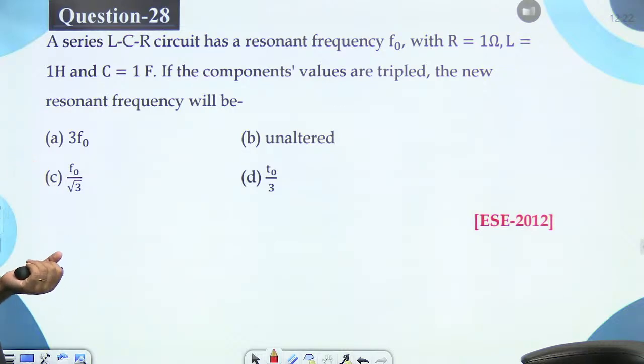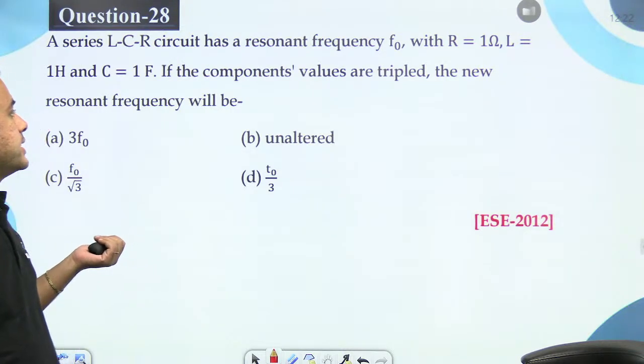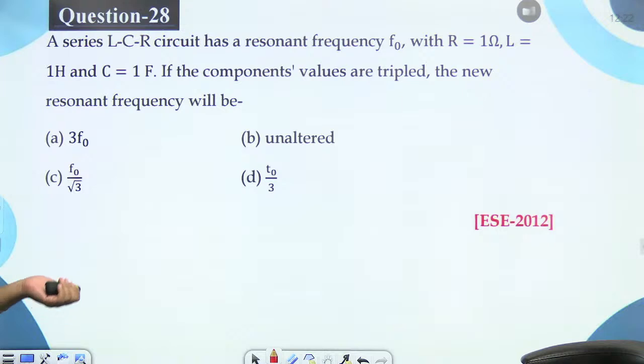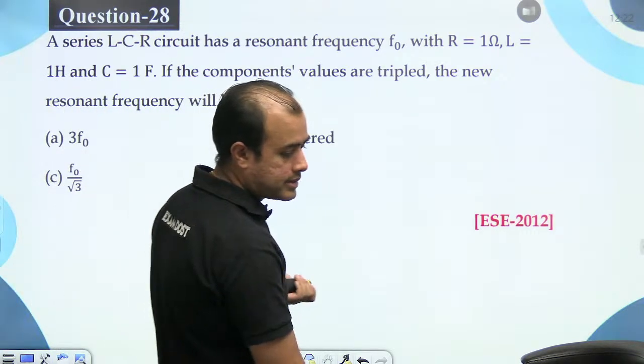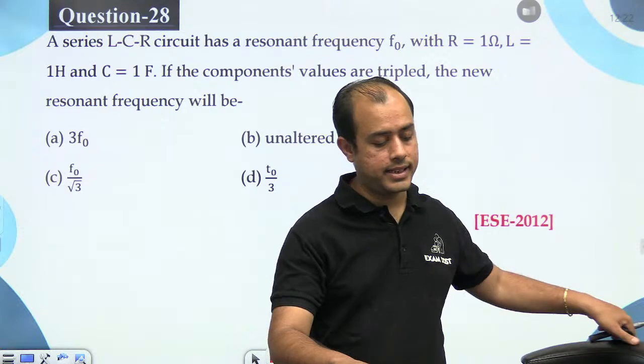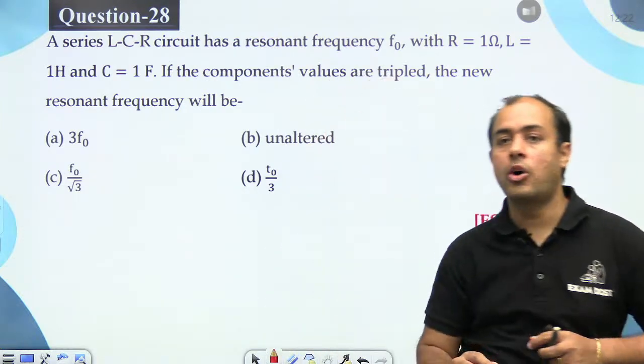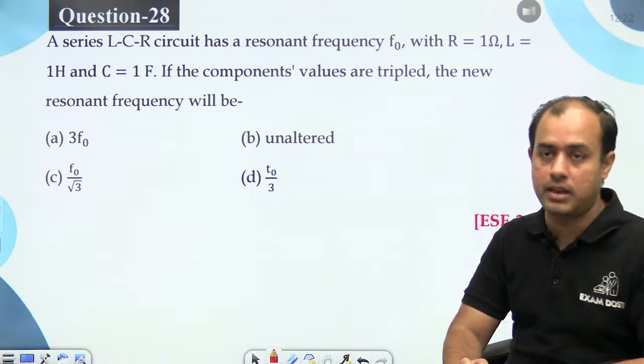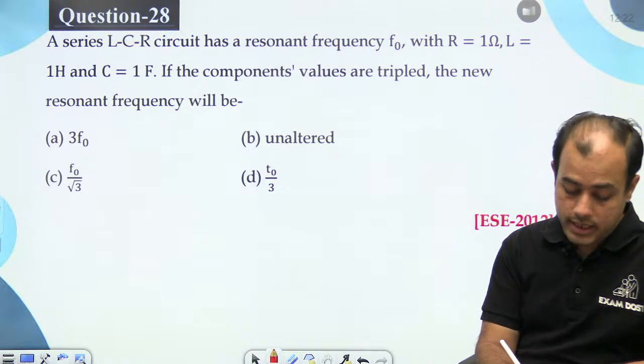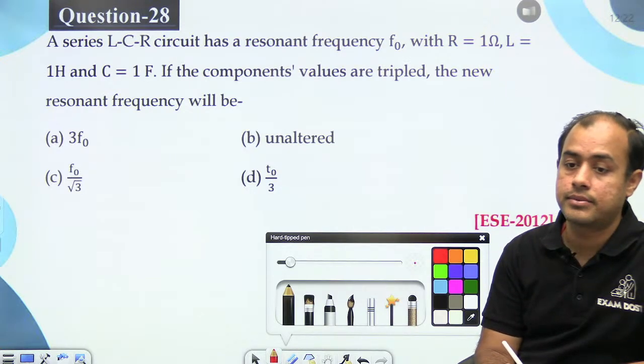A series RLC circuit has a resonant frequency F0. RLC is given. If all component values are tripled, what is the new resonant frequency?